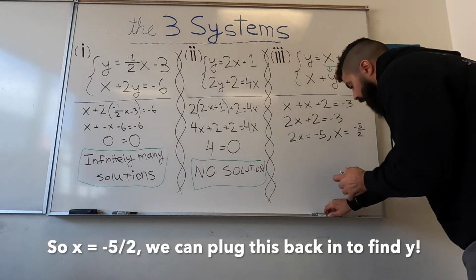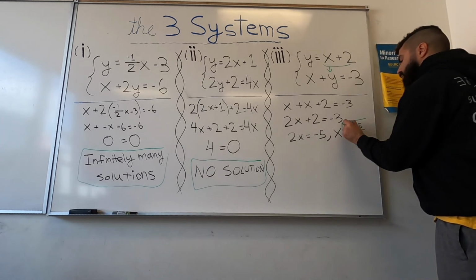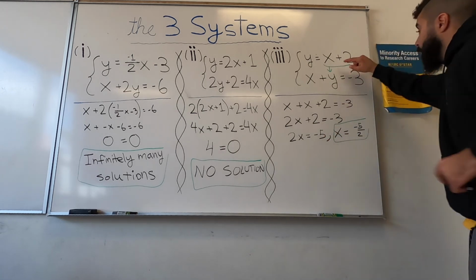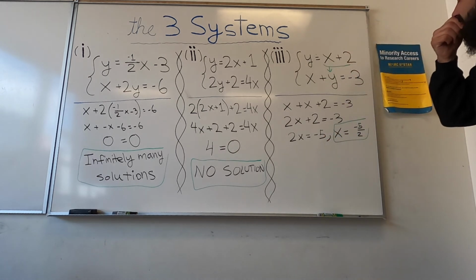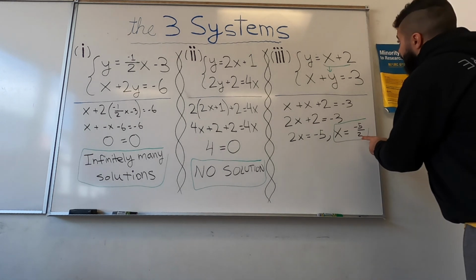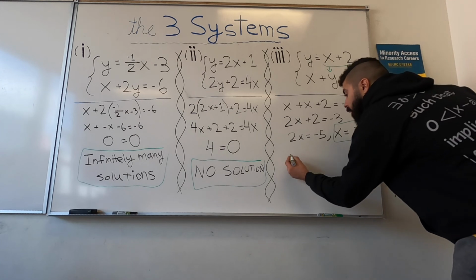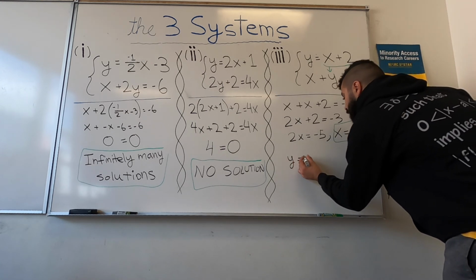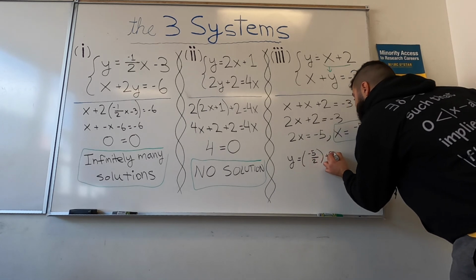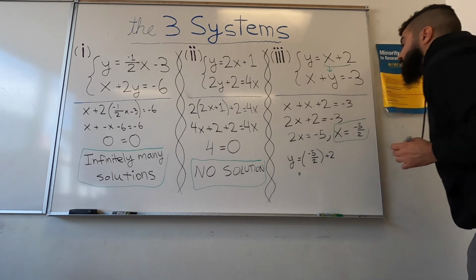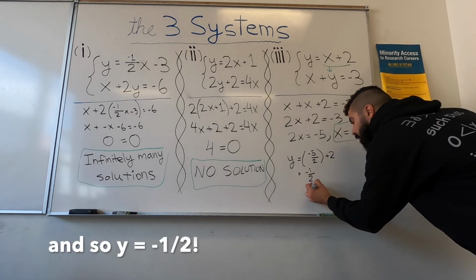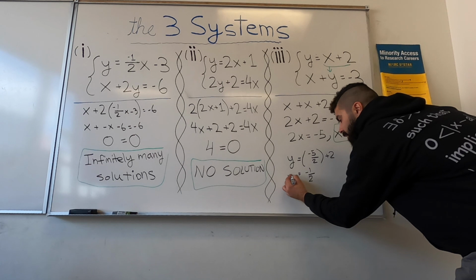That's the x answer, and we are going to go ahead and find the y, because what is y? y is actually just x plus 2. So we're doing negative 2.5 plus 2. So y equals negative 5 over 2 plus 2, which equals negative 1/2. And that is the y answer.